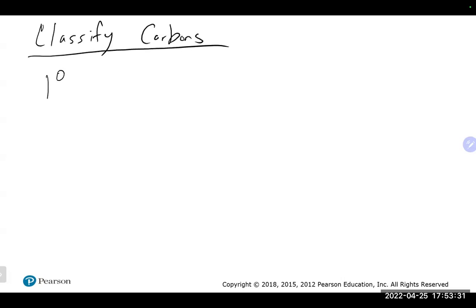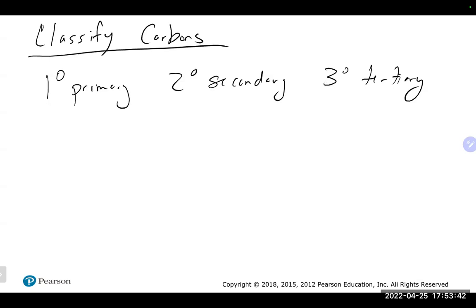There is a way to classify carbons. So let's just talk about those real quick here. And we can classify carbons as primary, secondary, and tertiary carbons. And basically, there's a couple of different ways you can think about it, but the simplest way I think personally is you look at the carbon you are interested in, and it's basically how many carbons are attached directly to it.